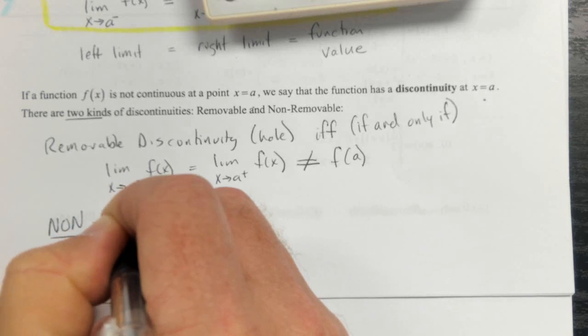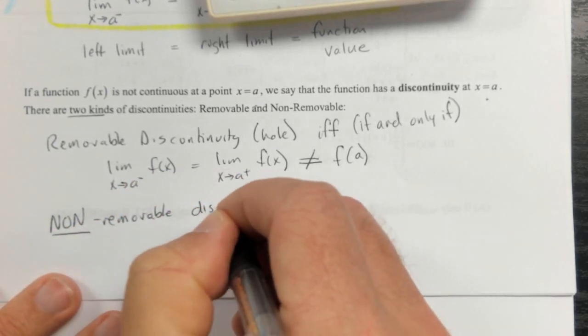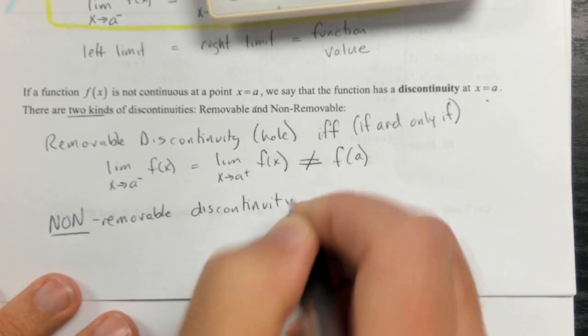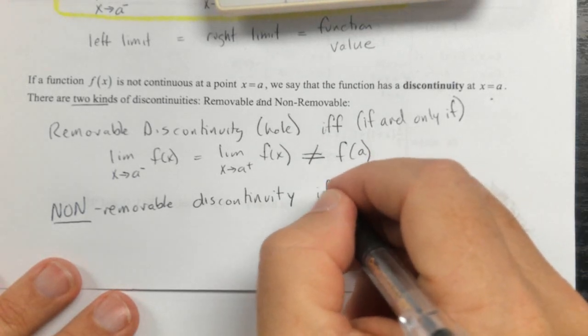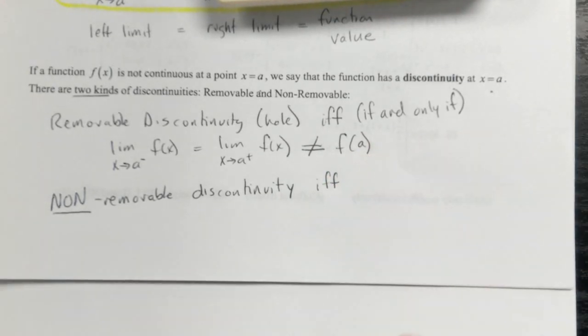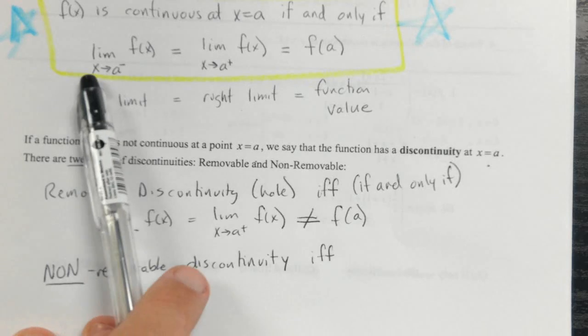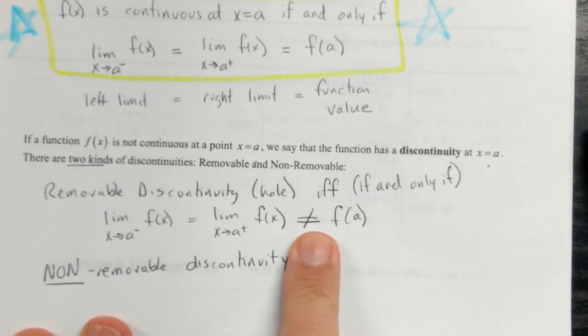For a non-removable discontinuity, words today, lots of words. That happens. So where does the equation break down if it's not removable? If we start with this is continuous, removable meant it wasn't equal to the function.